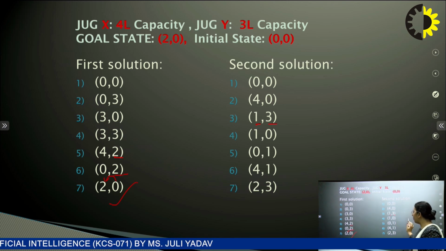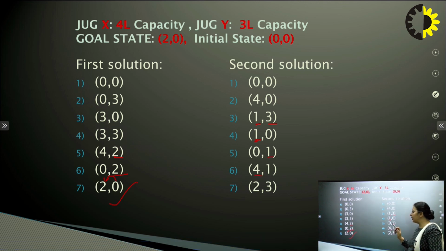Then we pour out that water, and the leftover water in jug A is transferred to jug B. Now we again fill jug A completely, that is 4, and here is 1. We transfer water from jug A to jug B until it is full, and here is the remaining. So the final state is 2, 0.